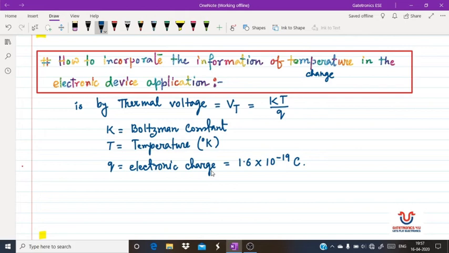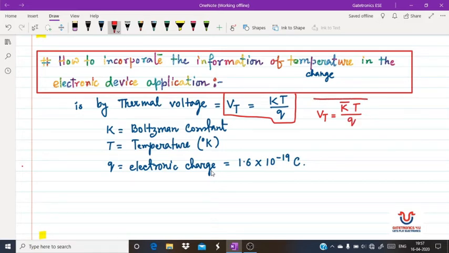So far we have seen that the thermal voltage Vt is given by the equation Vt equals kT by q, where k is the Boltzmann constant. But this equation is originally written as Vt equals K bar T by q.